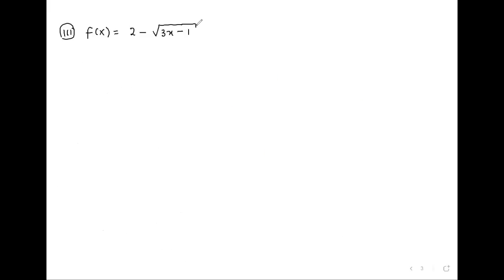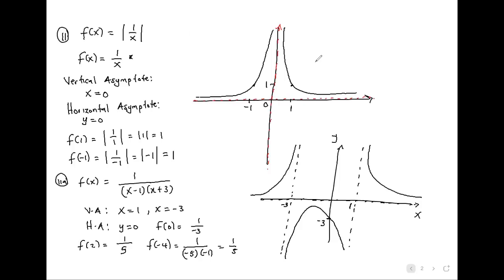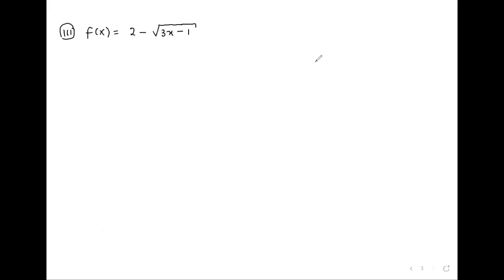Here we say you always start with the inside. So you start with 3x minus 1 and you set it to 0. So for x, 1 over 3.